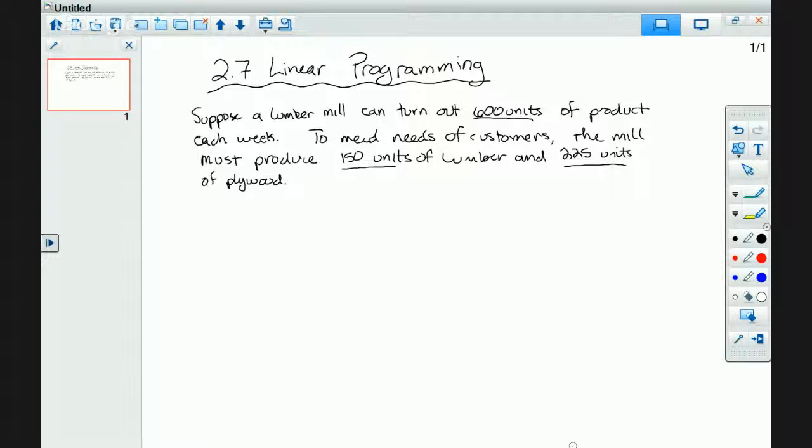With the profit for each unit of lumber is $30, and plywood is $45.